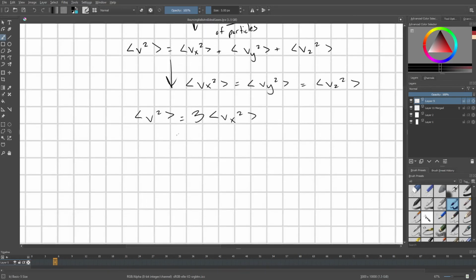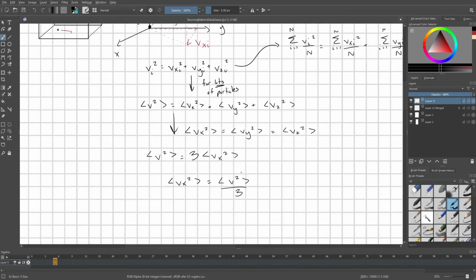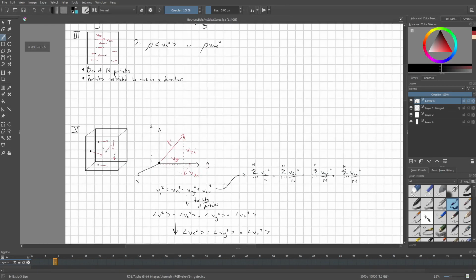And with this, we can write my mean square of my x velocity, or my x speed, just like that. Now all we have to do is substitute this into the equation that we got in the last video.